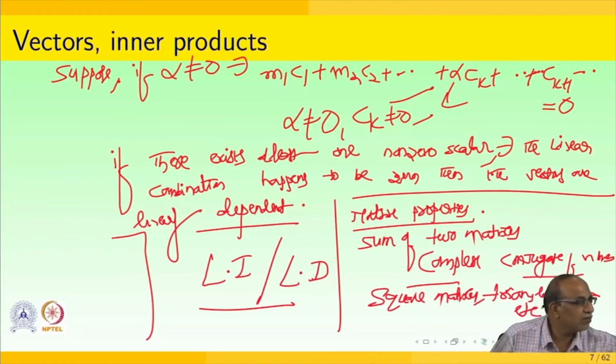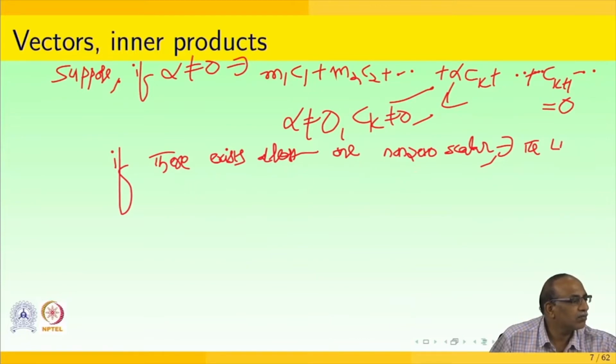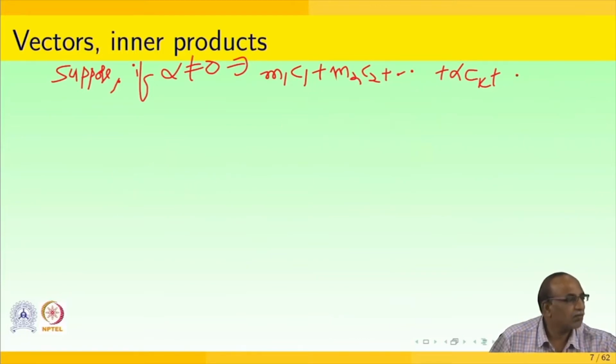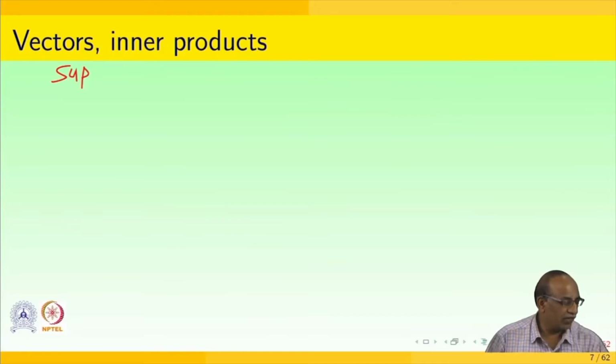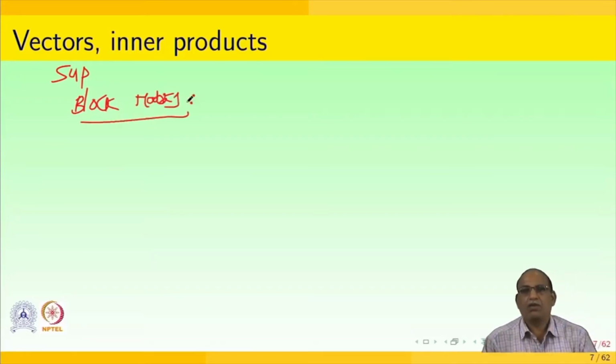Also we can have the block matrices, very important, which we have already seen in several places. Block matrices also play a vital role.